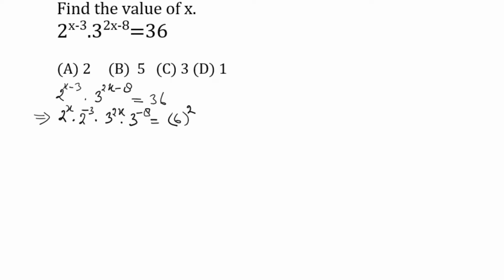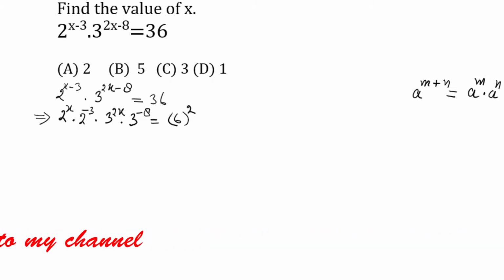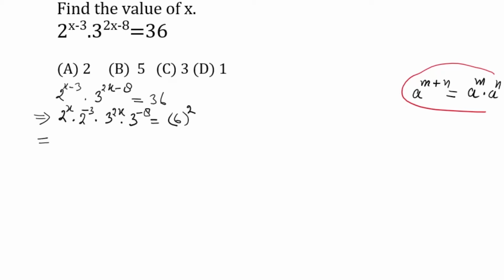Here we know a to the power m plus n is equal to a to the power m into a to the power n. With the help of this formula I applied here, implies 2 to the power x.